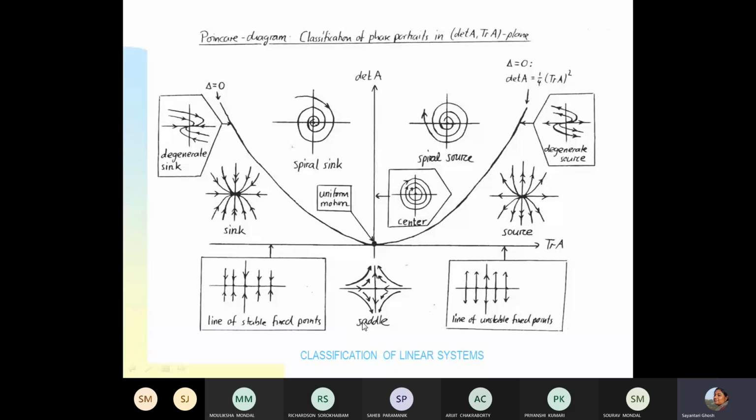These are very common, where in two variables one dimension converges, but the other dimension does not let the system converge. Okay, so this was the entire Poincaré diagram for classification of the phase plane of these linear systems.